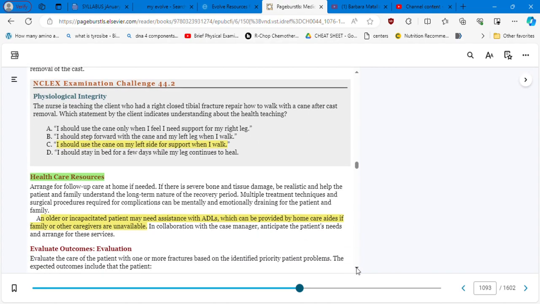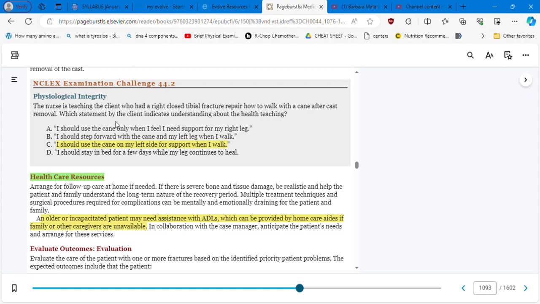Okay, so we have another question. The nurse is teaching the client who had a right closed tibial fracture repair how to walk with a cane after cast removal.